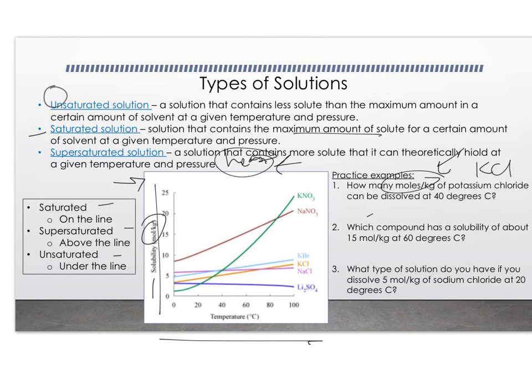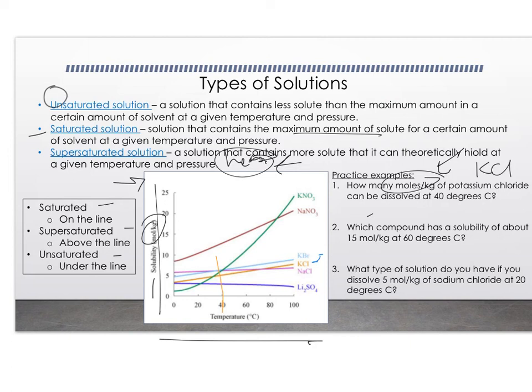So what you have to do is look for the KCl line, which is your orange one down here. So your orange KCl, you have to go to 40 degrees Celsius, which is here, and you just make a line up. I know it's kind of curved, but do the best you can to go straight up. You're looking for how many moles per gram.